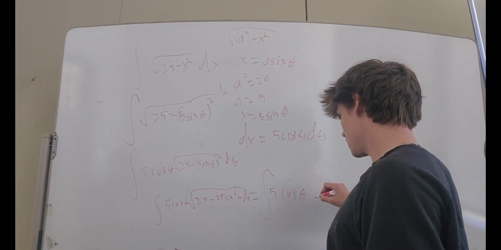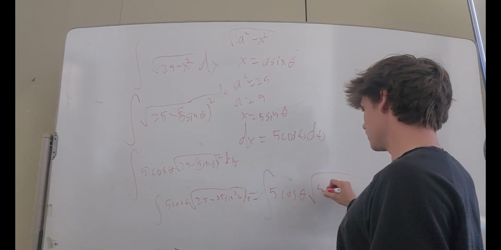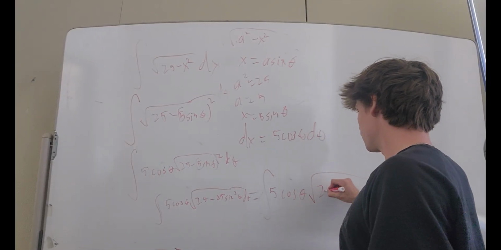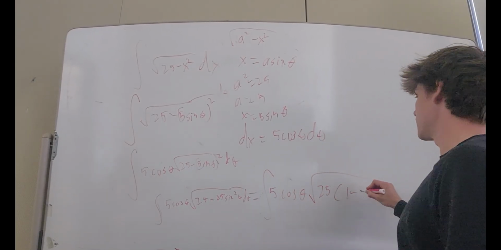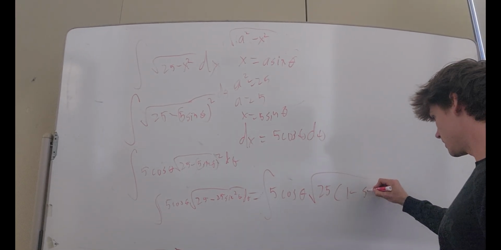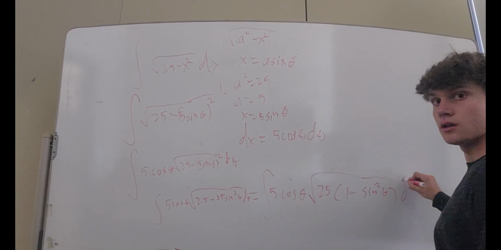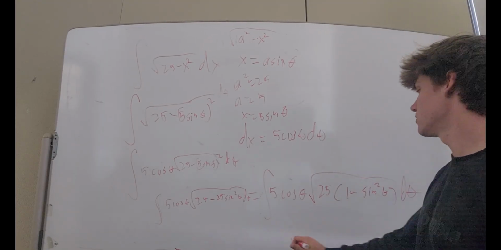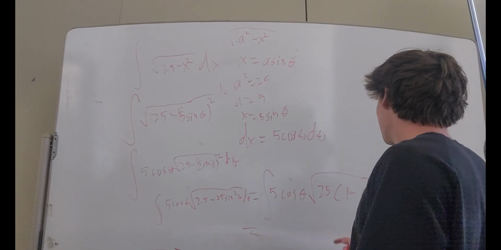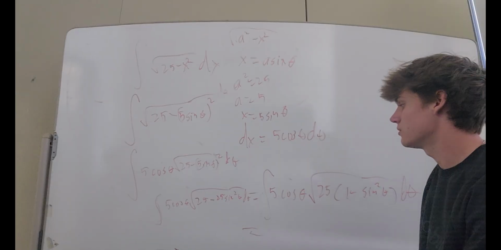Inside the root, we can factor out a 25: 25 times 1 minus sine squared theta. This 1 minus sine squared theta just turns into cosine squared theta. That's the Pythagorean identity.